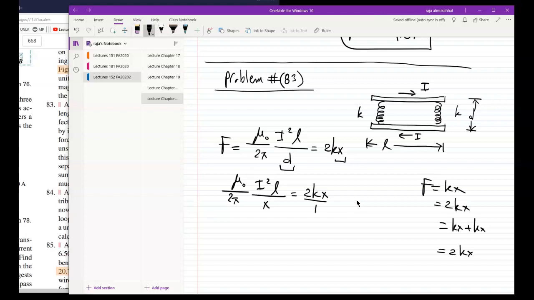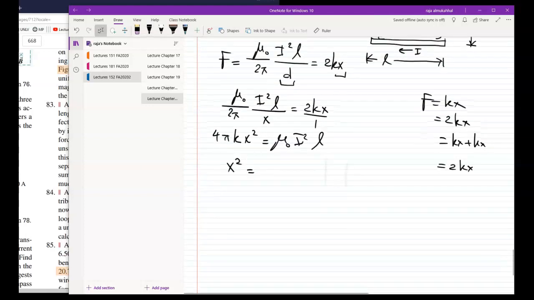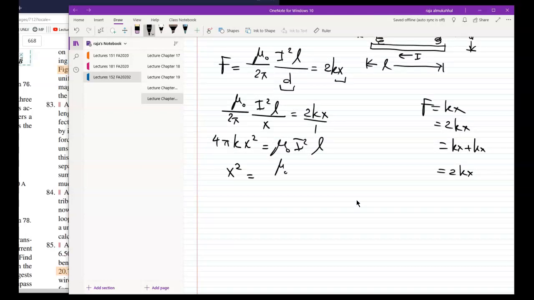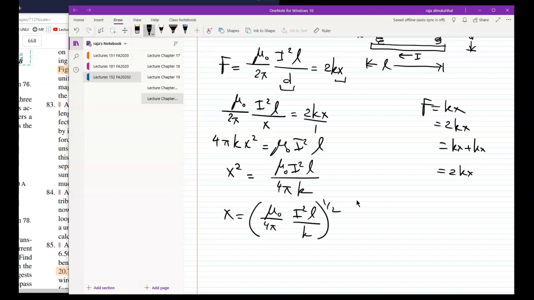I get 4 pi K x squared equals mu naught I squared L, and therefore x squared is equal to mu naught I squared L over 4 pi K, and therefore x is equal to the square root of mu naught over 4 pi K times I squared L. And that's it. He didn't give us any numbers, and that's basically the expression that he's looking for.